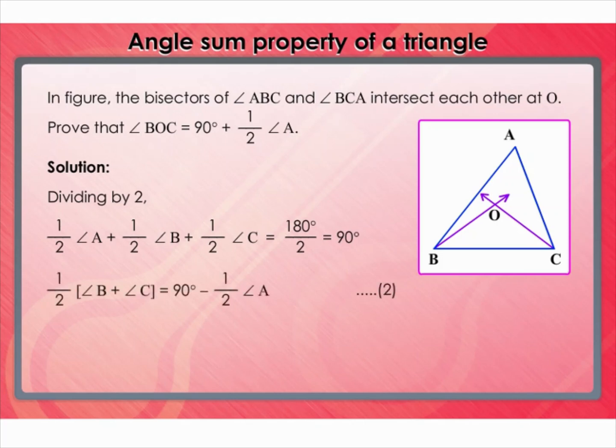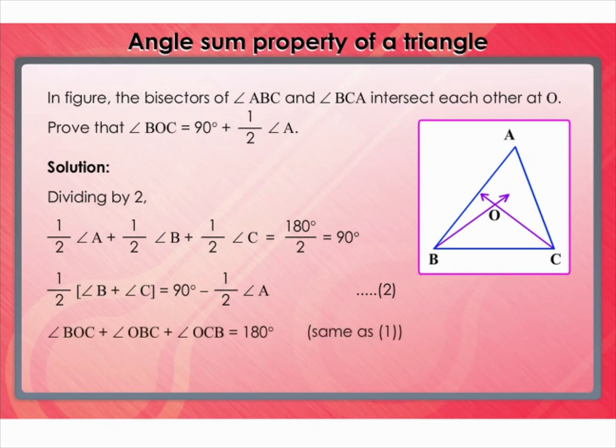Bring 1 by 2 of angle A to the right hand side, then take 1 by 2 commonly from the second and third term in the left hand side. We get 1 by 2 of angle B plus angle C is equal to 90 degrees minus 1 by 2 of angle A. Consider this as equation 2.